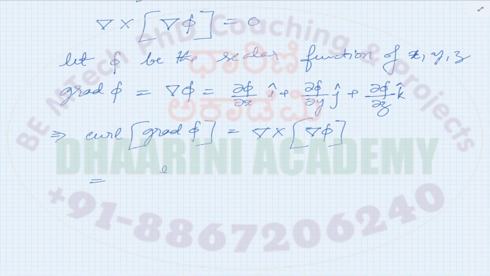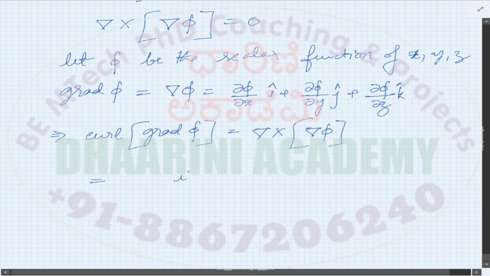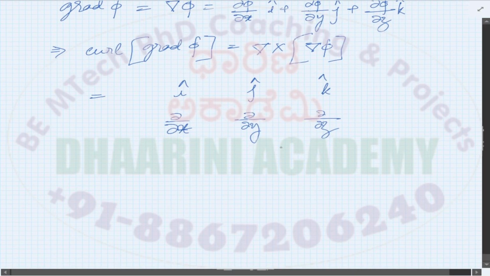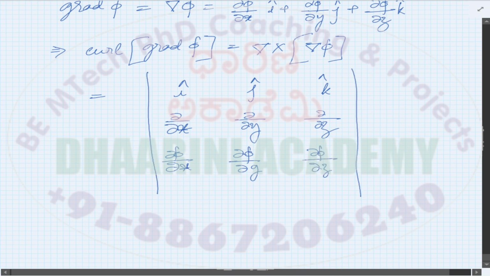So first we write the determinant: i cap, j cap, k cap; then dou by dou x, dou by dou y, dou by dou z; and below that the x, y and z components of grad phi, that is dou phi by dou x, dou phi by dou y, and dou phi by dou z.